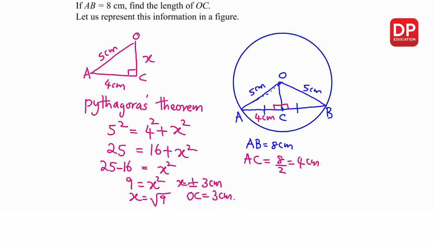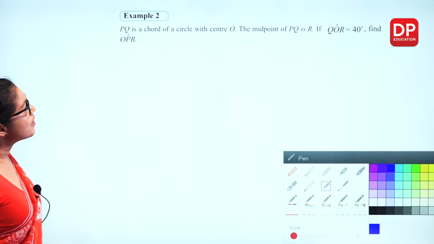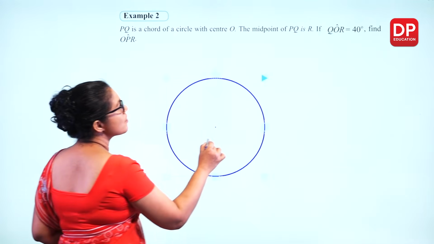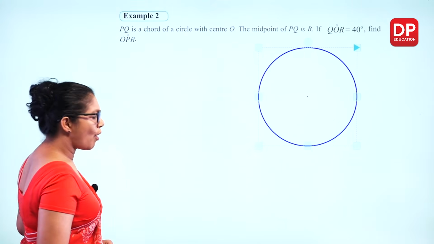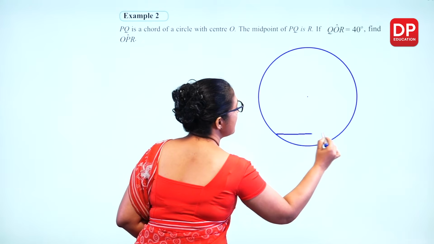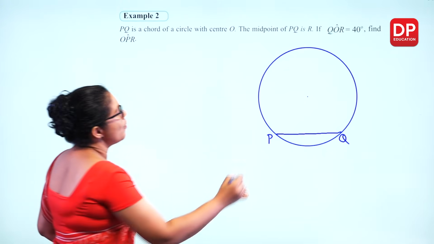Now we'll see the next example in your textbook. Here there's a circle, so we'll take this circle. PQ is a chord. You know what a chord is, so you can straight away draw the PQ chord, and O is the center.